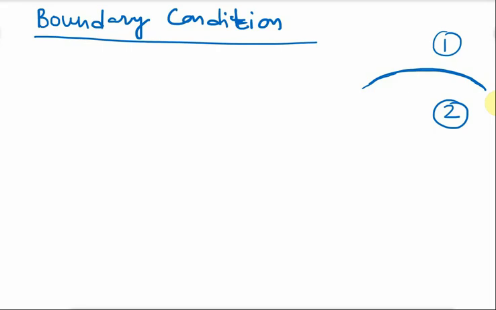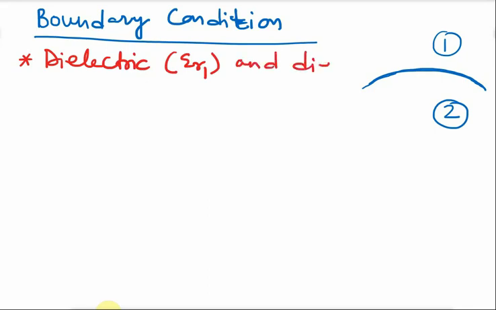Okay, so which boundary conditions do we have to discuss? The first one is the dielectric, let's say with relative permittivity epsilon R1 for region 1, and the second one also dielectric, with relative permittivity epsilon R2.